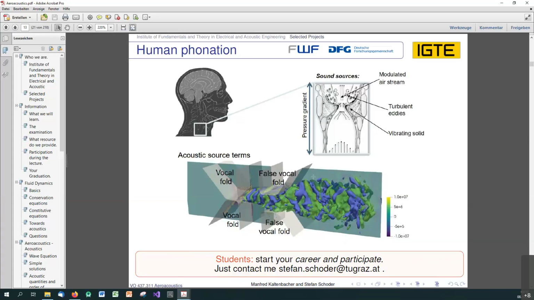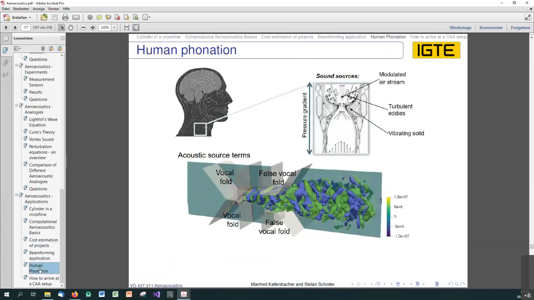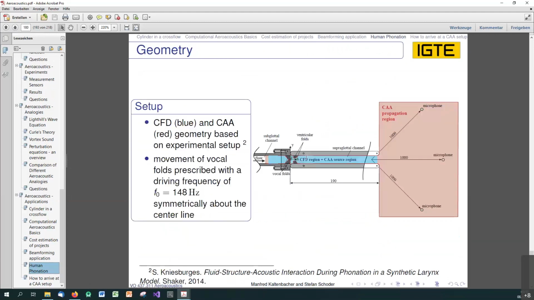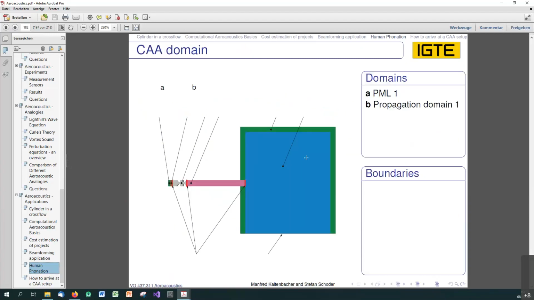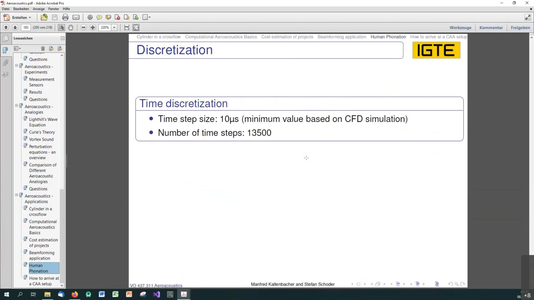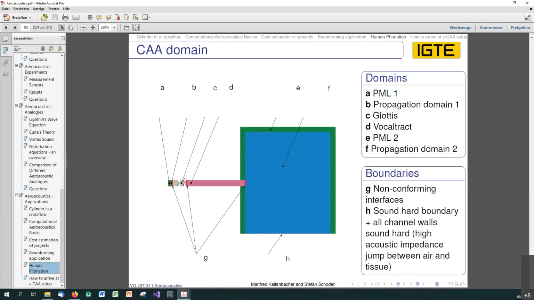Probably to get an impression of what we are doing in the practical course, I will present in detail the human phonation project. We have a small section where we compute our sound sources from flow simulations.